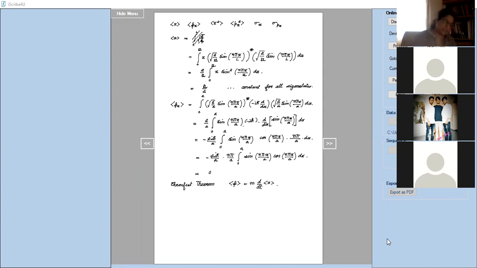Now, what you could clearly see is that this guy here is time independent, right? So it's time independent. And because it's time independent, of course, this is going to be over here equal to 0. All right.